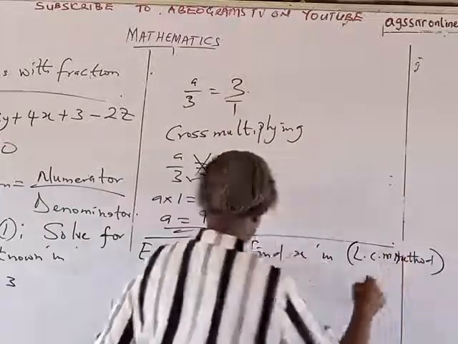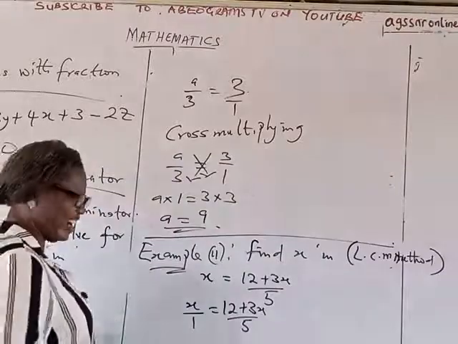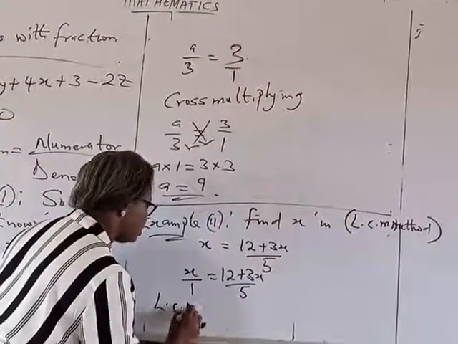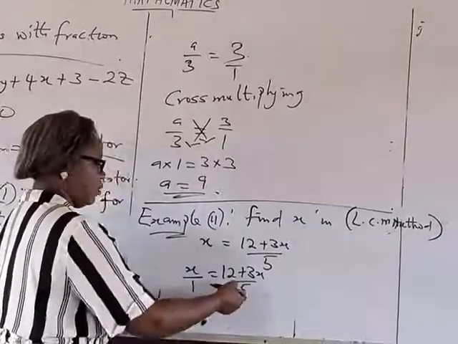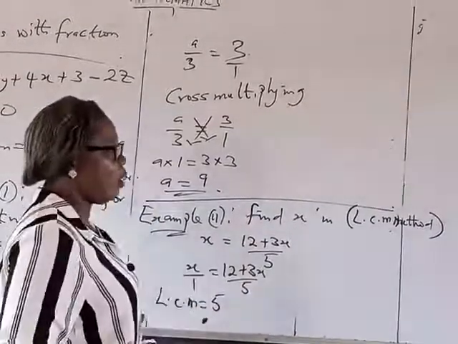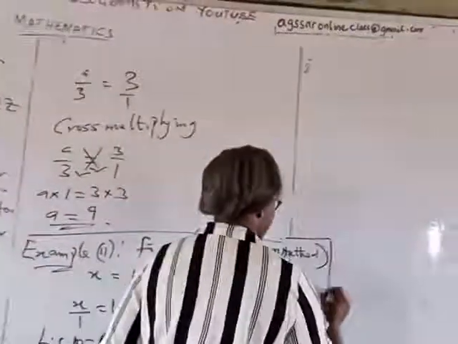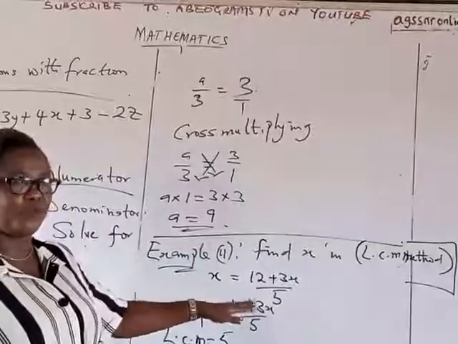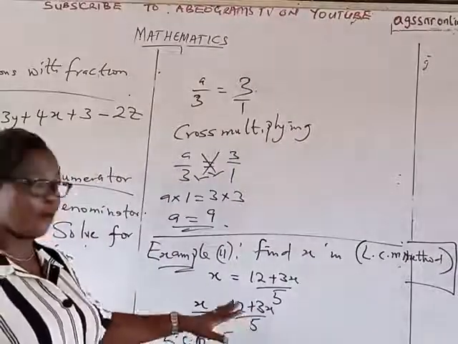Now, we will look for the LCM of the denominators. In this case, the denominators are 1 and 5, so the LCM is going to be 5. We now multiply through. What we are trying to arrive at is a means of removing it from being a fraction. We want to take it away from being a fraction.